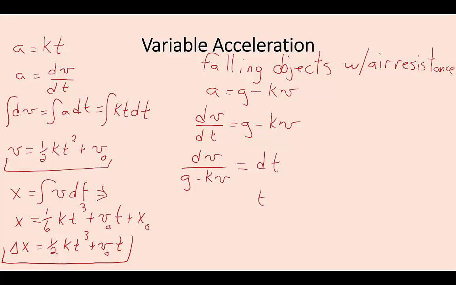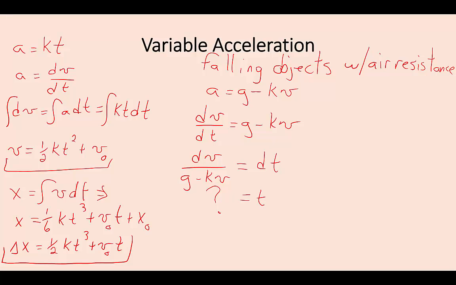The reason I'm not going to solve for this right now is because I would like you to complete it on your own, to see how we go from having an acceleration of a falling object with air resistance to coming up with a time equation that's important. So I'm going to stop there and rely on you to finish it up.